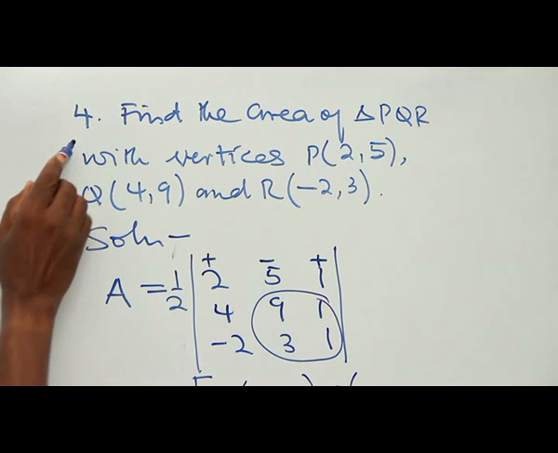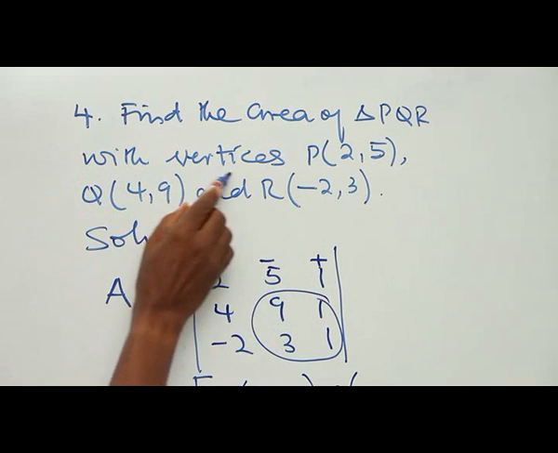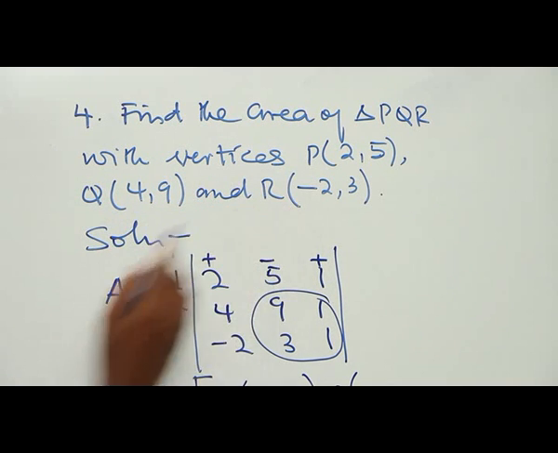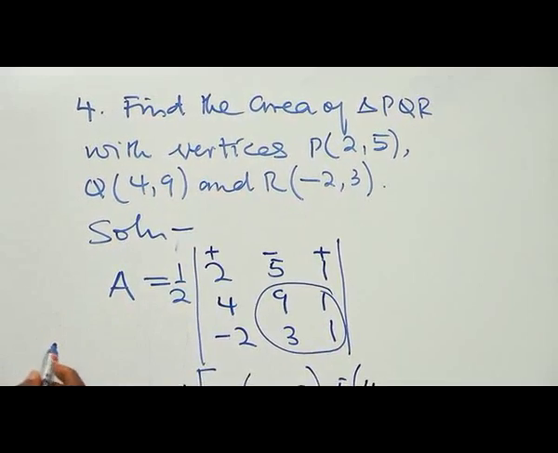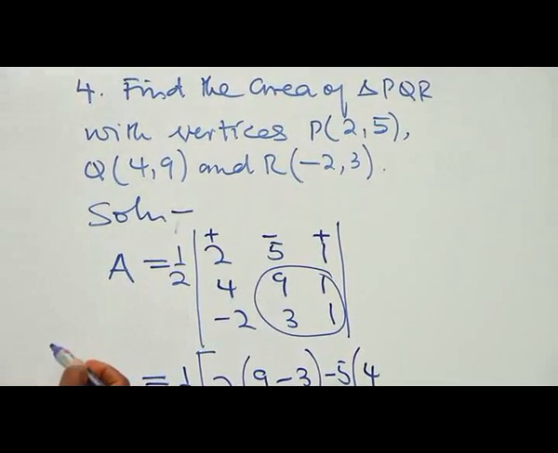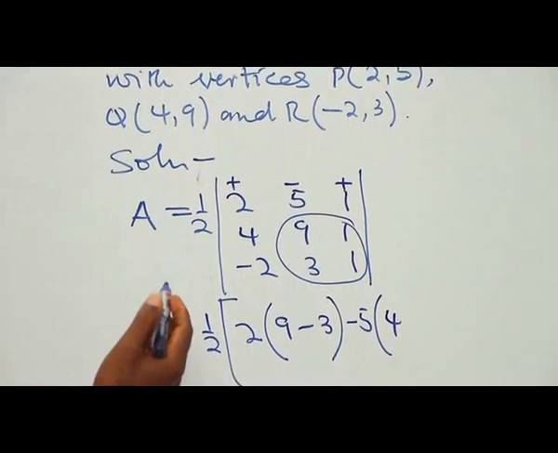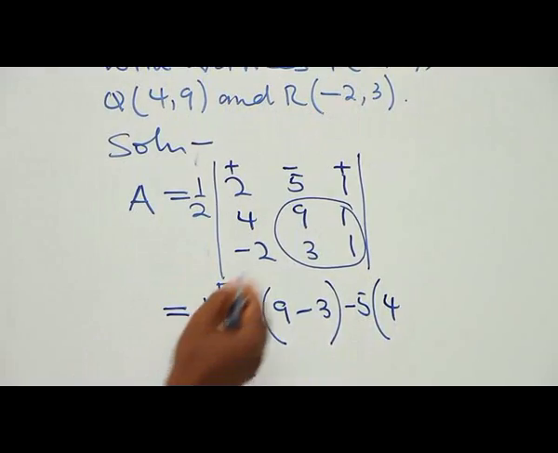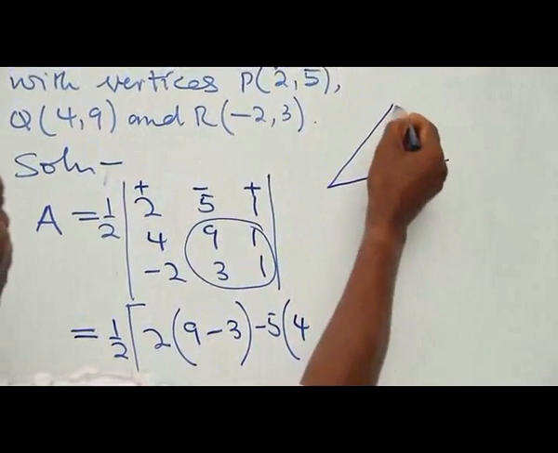Example number 4. Find the area of triangle PQR with vertices P, Q, and R. Solution. To find the area of this, we can actually find the area using the triangular form, distance formula.